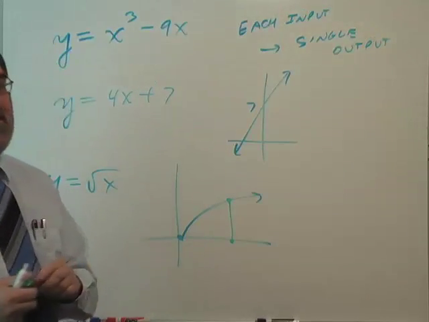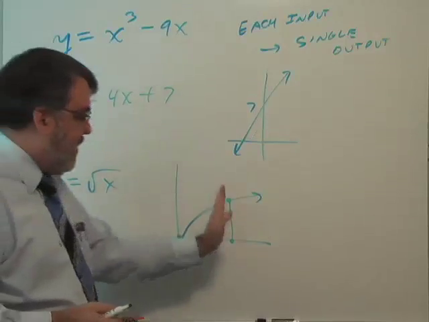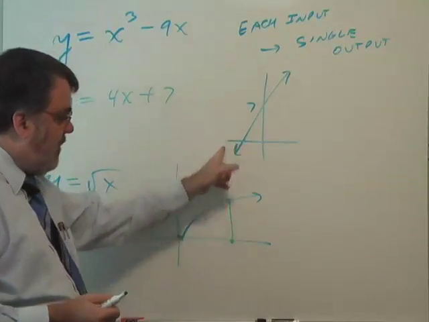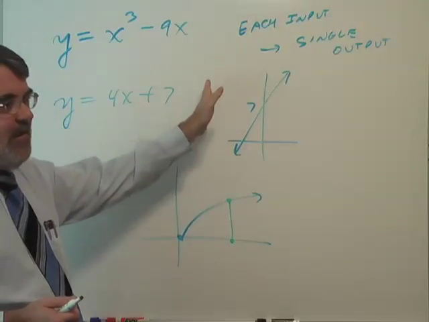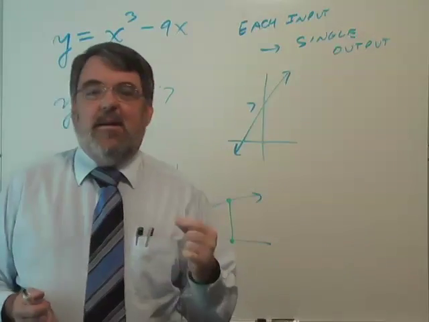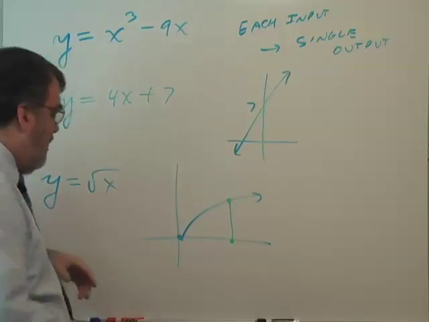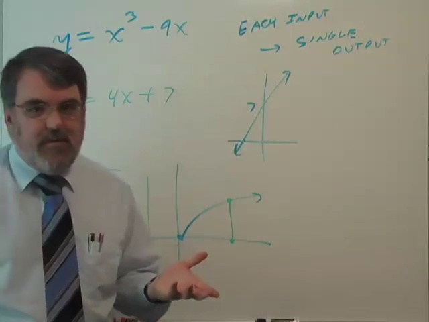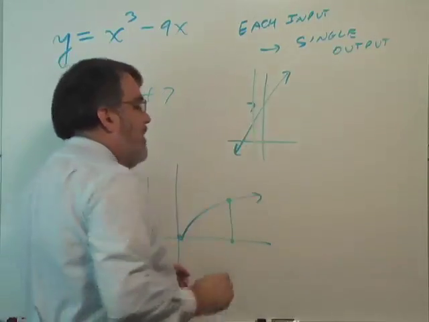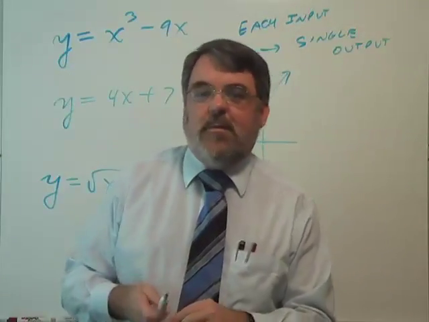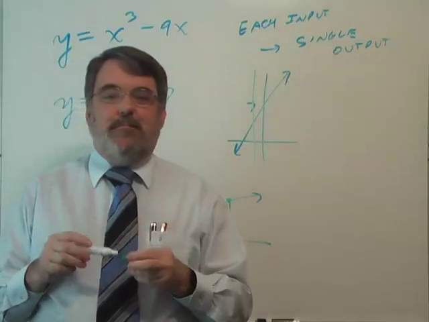So one thing you'll start seeing is that the graphs of functions have this commonality. If you draw a line through a function, then a vertical line will hit a function at most in one place. Now this vertical line misses the function, but here it hits it in one place. Same there. Same with the first function I drew up there, that cubic equation.